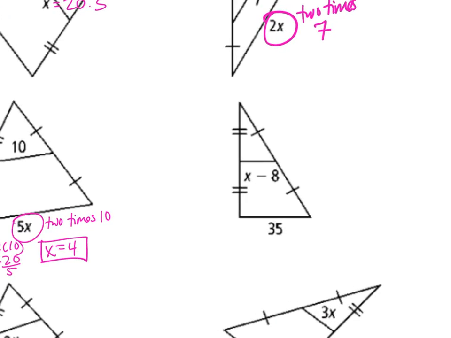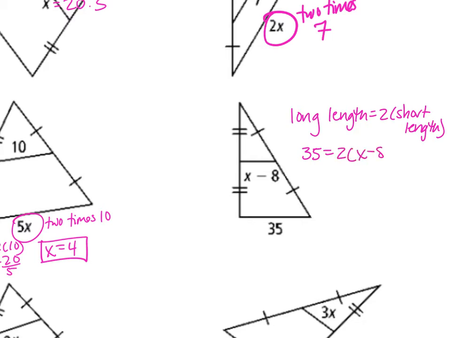And we can just keep this pattern up. We know that the long length is 2 times the short length. So we can just substitute in what we know. 35 equals 2 times x minus 8.